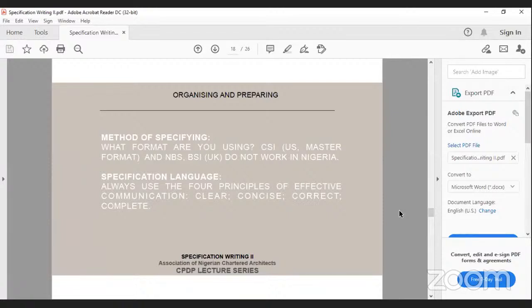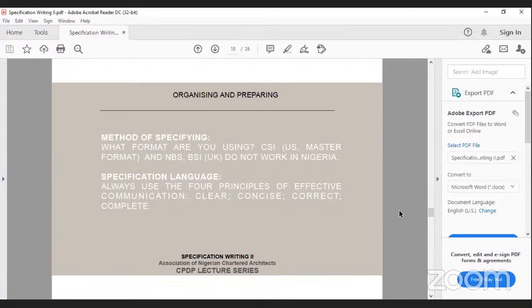Those things don't work in Nigeria, and let me tell you why. When you use those quote-unquote ready-made specification programs, there is a collaboration between the architect, or rather the designers, and the manufacturers.